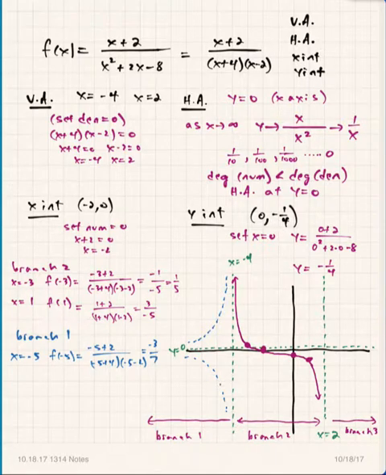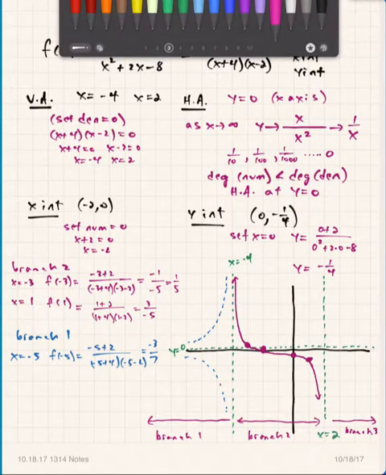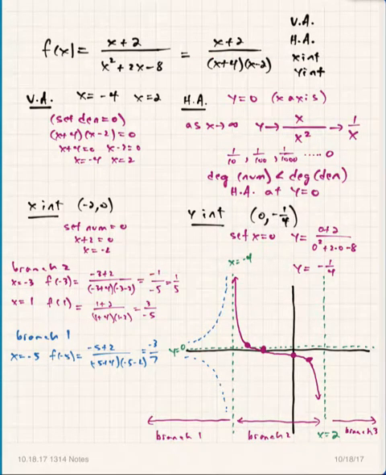And so you get -3/7 for that branch over there at branch 1, or for that point. So you have -5, -3/7 might be right about there. And so that 1 point really tells you that this branch has got to be sitting below the horizontal asymptote. It's got to be sitting down there like that. That would have to be where that one is.